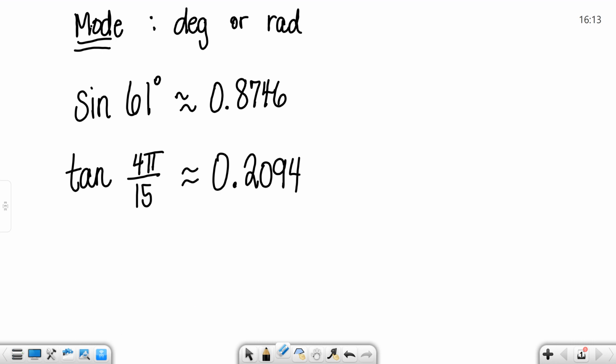Now, what my math lab may ask you is, what is the cotangent of 4 pi over 15? That's a little different, because if you will notice, your scientific calculator does not have a cotangent on it. It only has a tangent. So what we would have to do here is, we know tangent and cotangent are reciprocals.